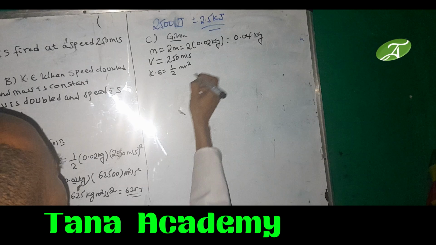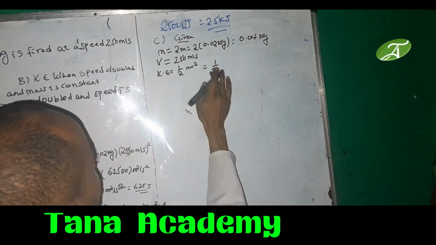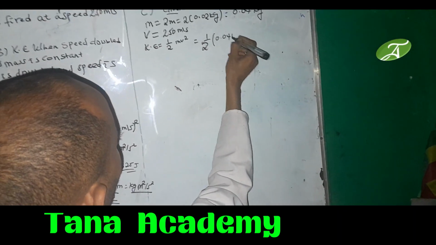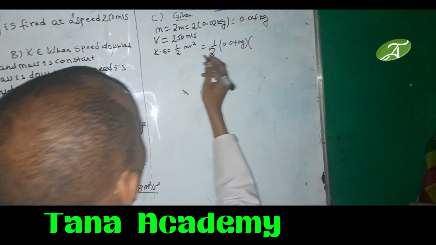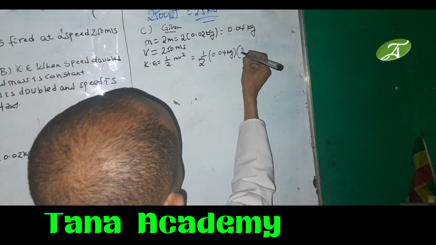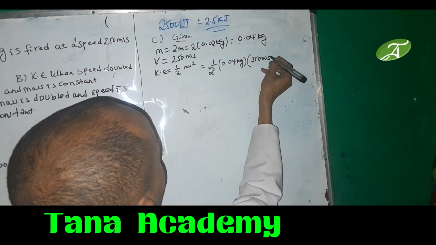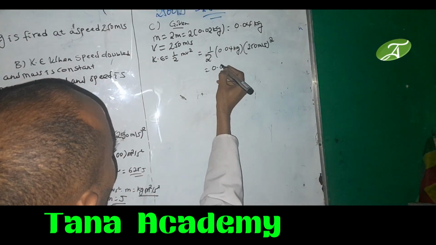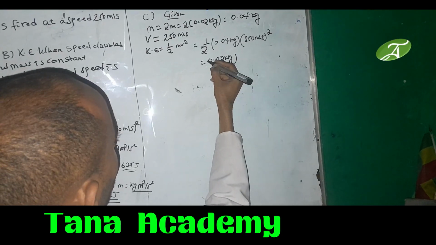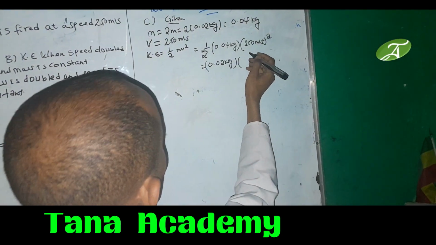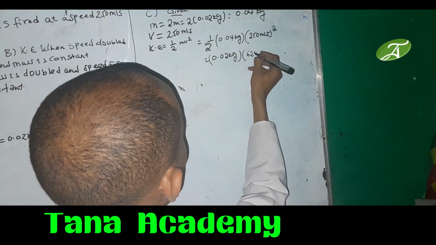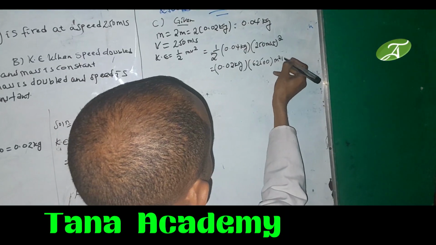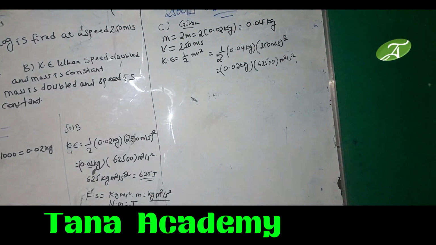And substitute the given parts. 1/2 into mass, 0.04 kilogram, into speed 250 meter per second squared. Therefore half of 0.04 becomes 0.02 kilogram into 250 squared, which becomes 62,500 meter square second square.